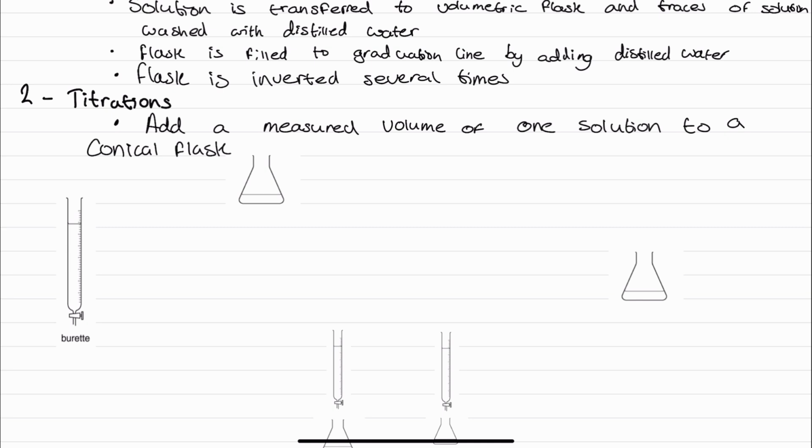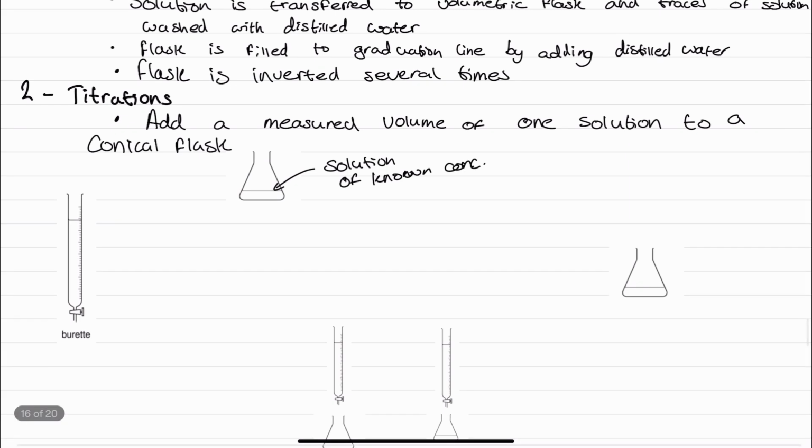The reason being is because the standard solution is a solution that you know the concentration and the volume of, meaning that we can use those values within this solution to figure out the identity or the purity or whatever else that we need to identify through the titration. So this is a little example. This volume is the solution of known concentration and of course volume, but there's no need to add that.